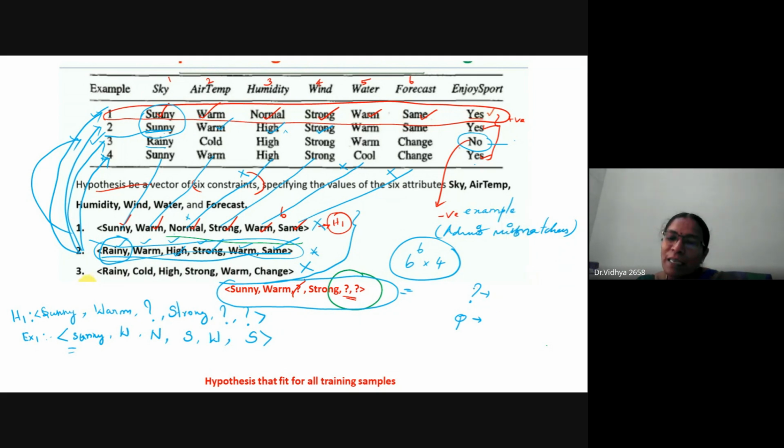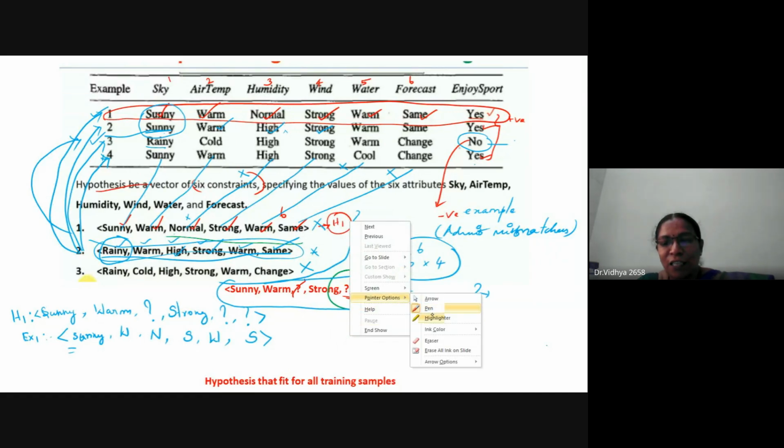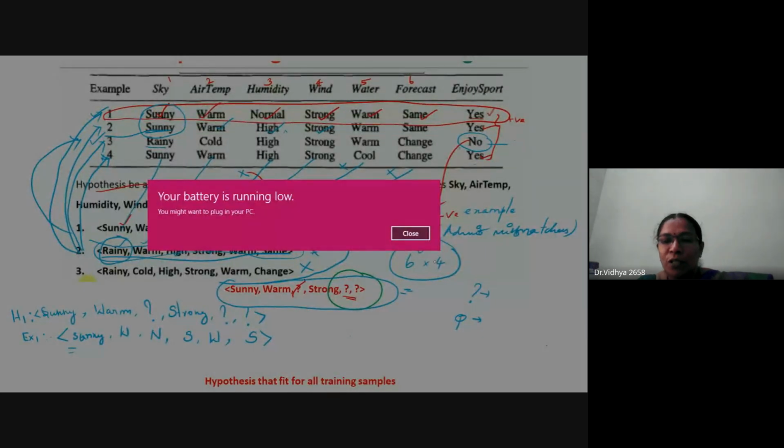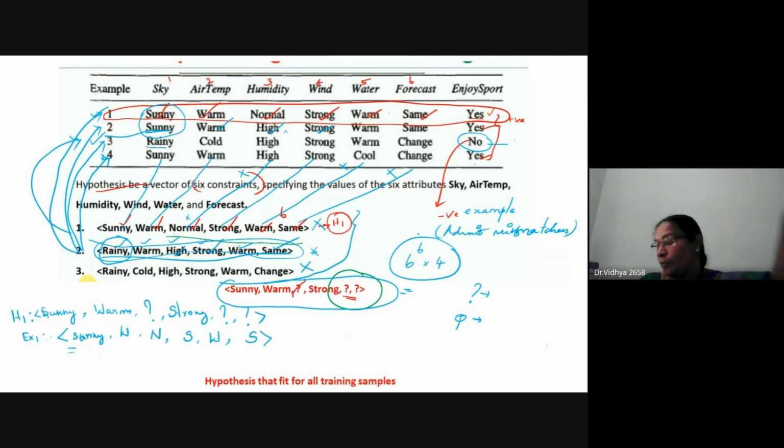But question mark is a general one, it can be matched with any attribute. Suppose there are any mismatches, then you can use the question mark to fill that gap, which indicates that this particular hypothesis is suitable for the rest of the attributes.